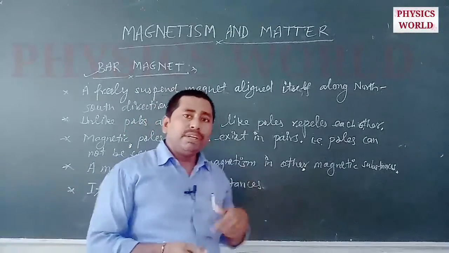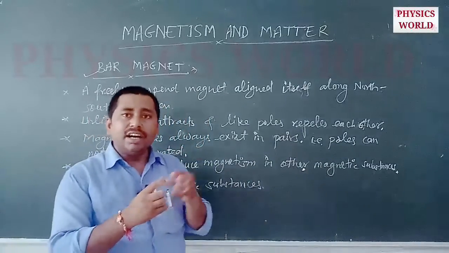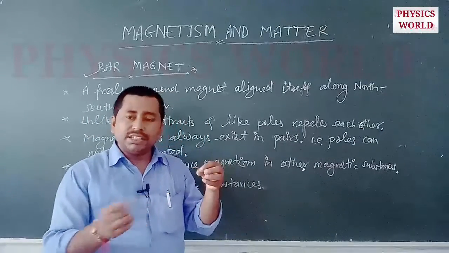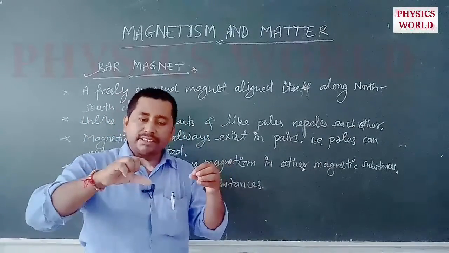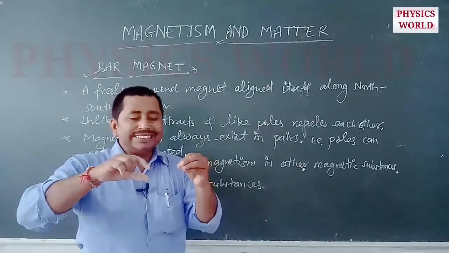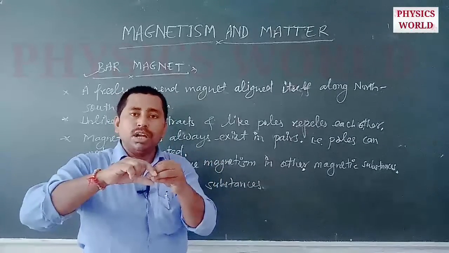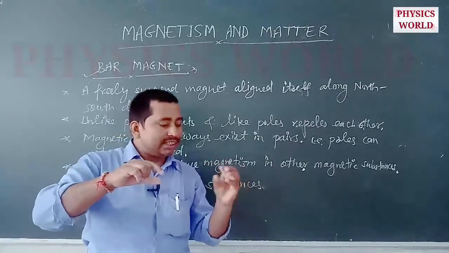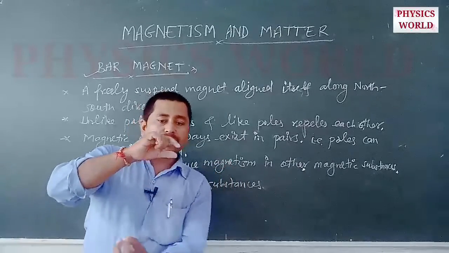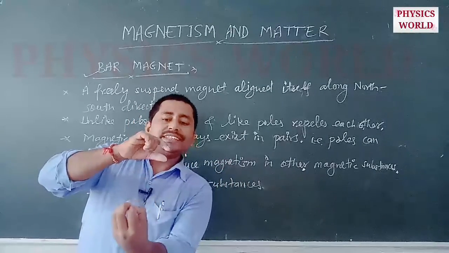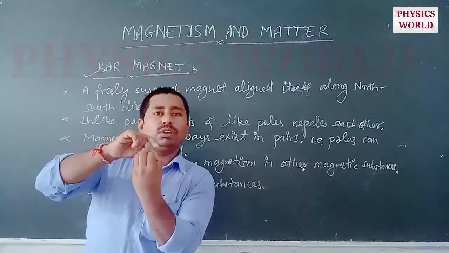Suppose we place iron or nickel, which is a magnetic substance, near a pole of a magnet, that is towards the north pole, then it sticks to the north pole. But if this magnetic substance is placed toward the south pole of the magnet, it will also stick to the south pole.